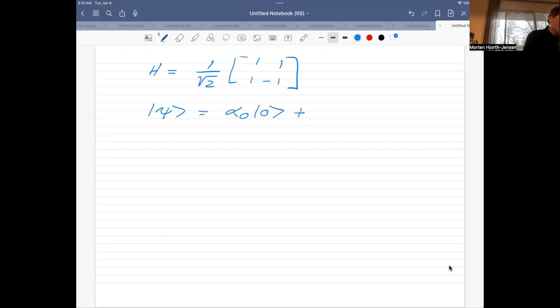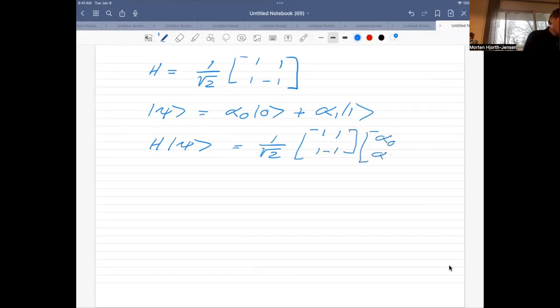When the Hadamard gate, this matrix, is multiplied with this state, what we get is 1 over square root of 2 times the matrix 1, 1, 1, minus 1, multiplied by alpha 0 and alpha 1.